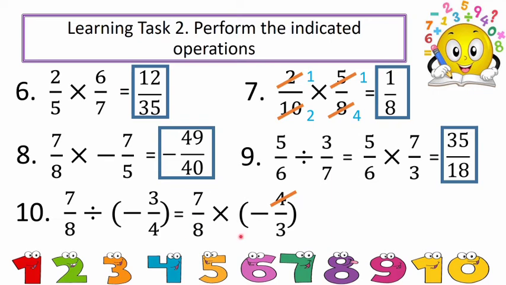And we can cancel 4 and 8 because they are both divisible by 4. So 4 divided by 4 is 1, and 8 divided by 4 is 2. So multiply, 7 times 1 is 7, and 2 times 3 is 6. Different signs, the product is negative. So 7 over 8 divided by negative 3/4 is equal to negative 7 over 6.